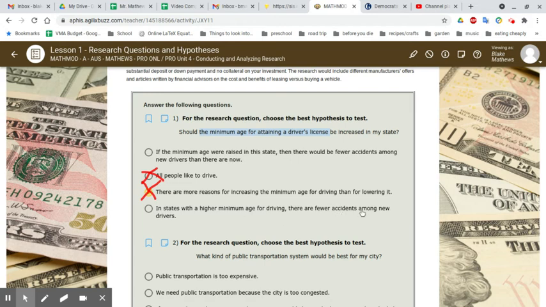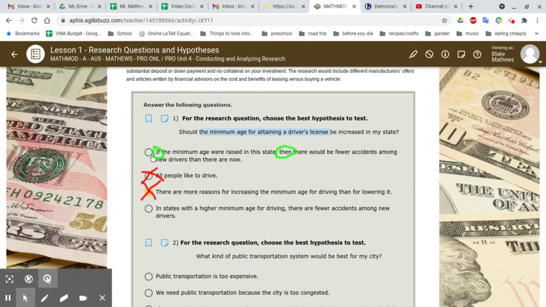I could look at other states where they have a higher minimum age and that would be measurable. But the key here to knowing the correct answer is that oftentimes a good hypothesis is stated in this format: if, then.